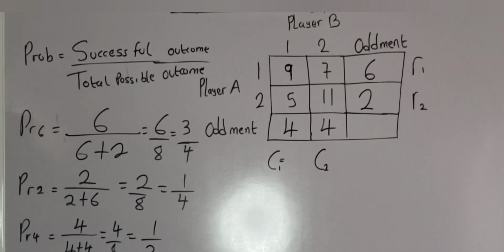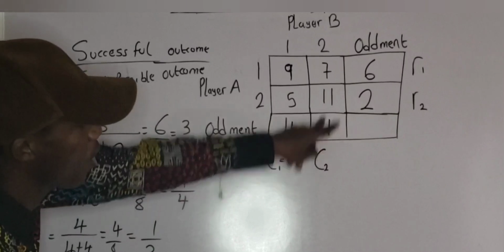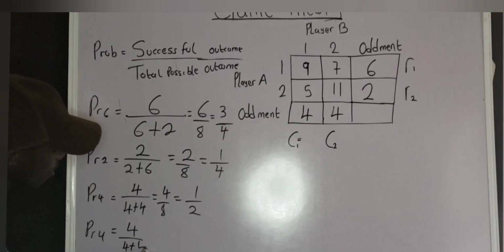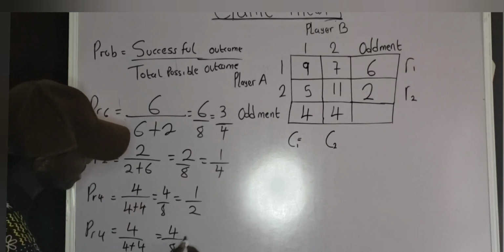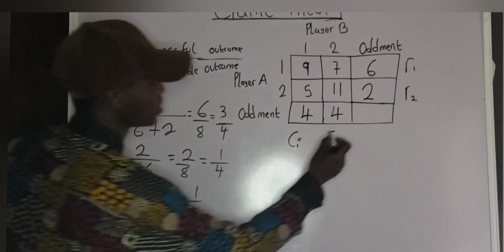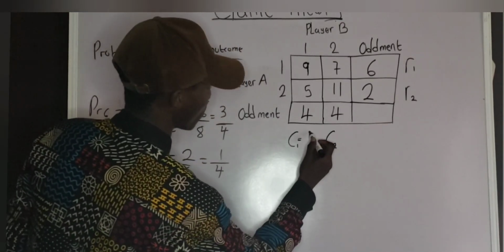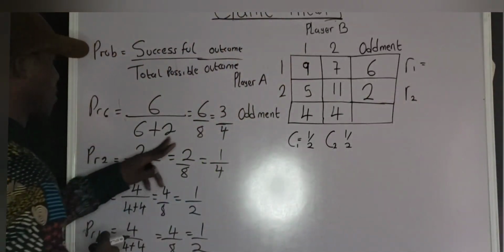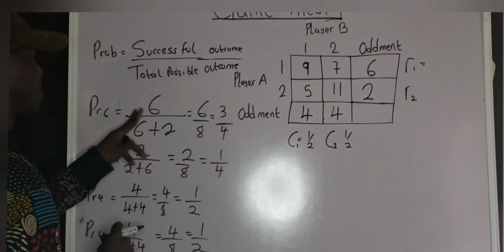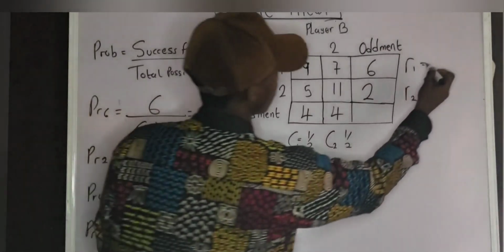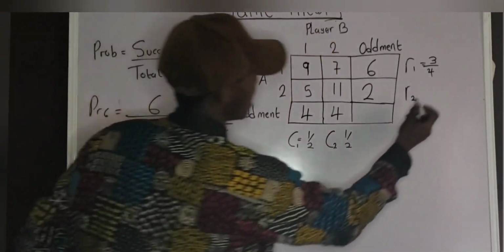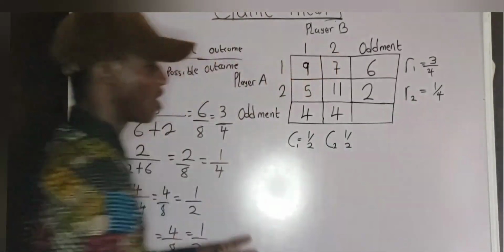So the probability of obtaining the 4 of the second column will also be 4 over 4 plus 4, which is 4 over 8, that will be 1 over 2. So for this, I'm going to have 1 over 2, 1 over 2. And for the probability of obtaining oddment 6, that is 3 over 4. And for this, I'm going to have 1 over 4. Do you understand how I got this?